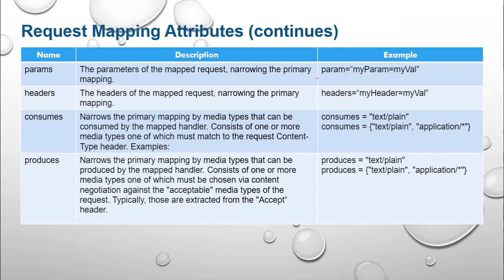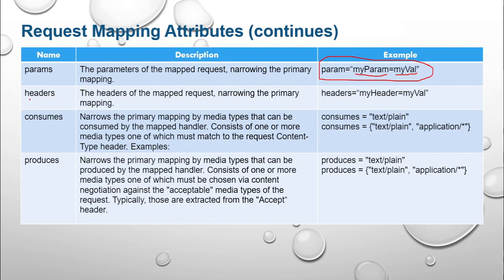So let's say here we have given myParam. If the request contains myParam and the value is myValue, then that particular request will be mapped to a particular handler. So this is more about filtering the specific request to a particular request handler if the provided request parameter is present in the request.